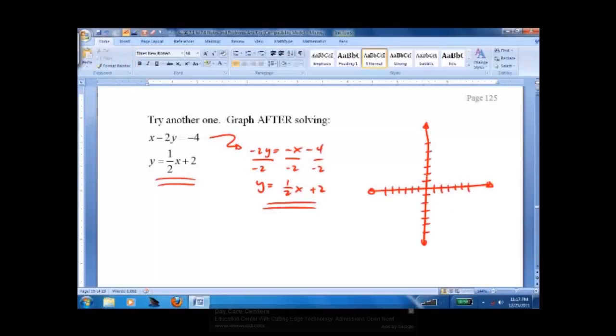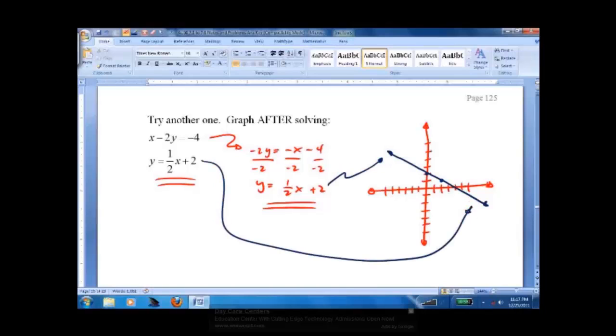Up 2, down 1 over 2, connect the dots, and that's not only this line, it's also this line. So it's the same line.